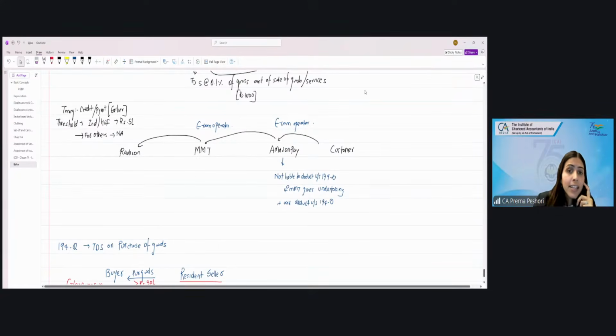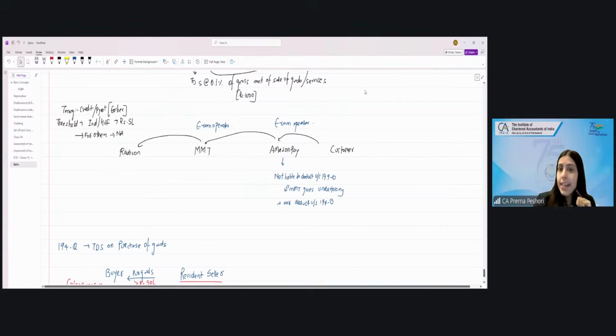The guidelines say that the TDS has to be deducted on the gross amount, which will be 110 and not 100. So even though the price may be 100, the TDS will be on the gross amount, as has been clarified.